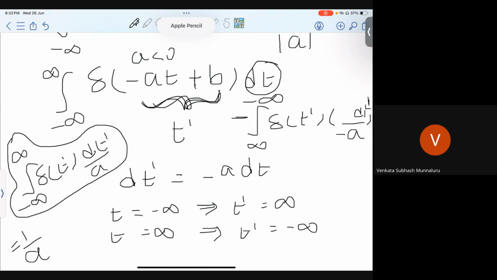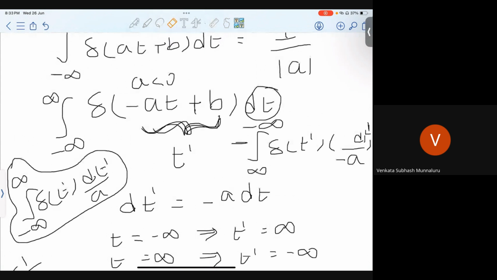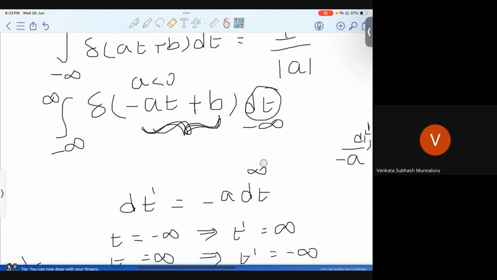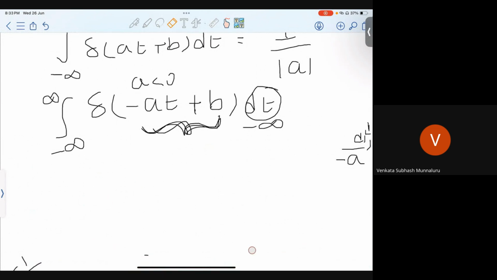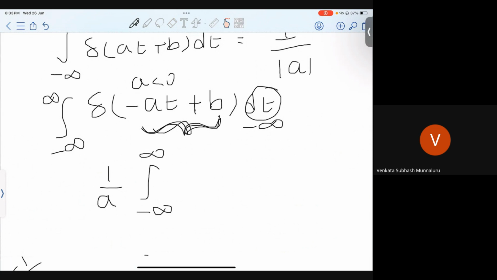Similarly, when a is greater than 0, you can see this. Even when a is less than 0, this particular integration will be mapped to 1 over a times the integral from minus infinity to infinity of delta of t prime dt prime, and this part is 1, so it is 1 by a.